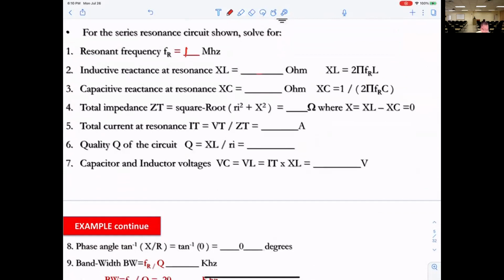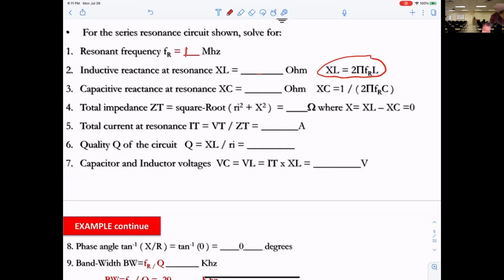In order to do it, you have to use the formula here: XL equals 2 pi times the resonant F times L. Who can give me the answer?